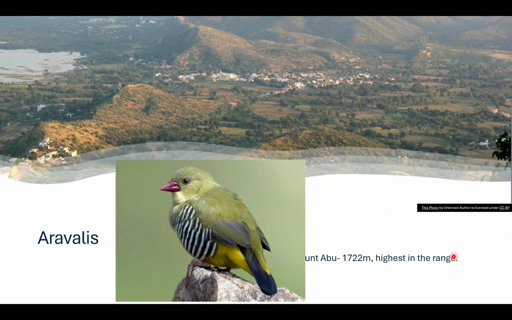And Aravalis are also one of the oldest mountain ranges in India, and they are rich in a lot of other minerals, so they are heavily exploited for those minerals.